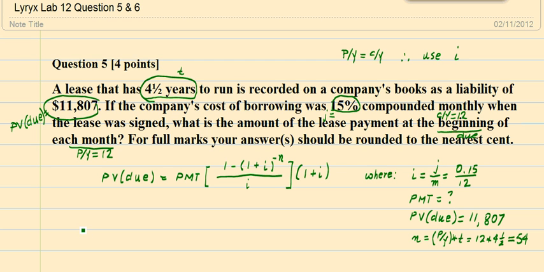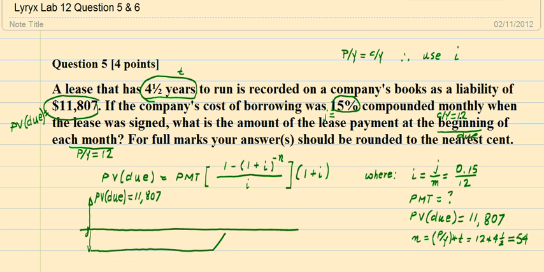And if you were to show some kind of diagram for this, it will show a timeline. At time 0 today, they still have present value due outstanding balance equal to 11,807, and they're going to be making payments every month at the beginning of every month for, we calculated in here, 54 payments, so N is equal to 54.